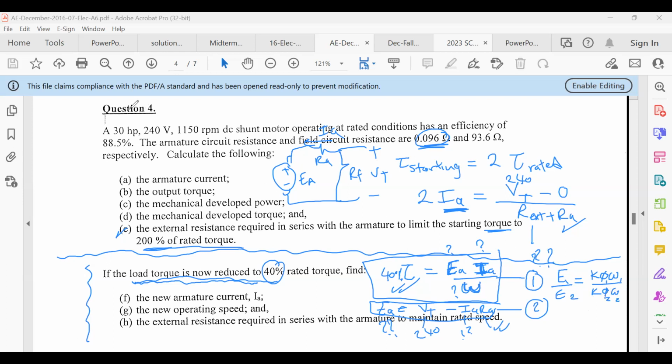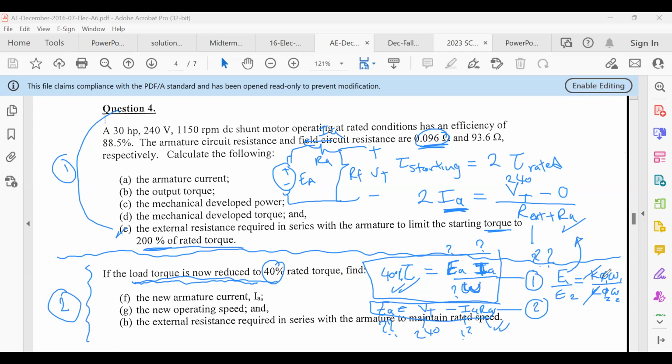The first case is our original. The second case is our new part. We already calculated EA from the first part. K is constant, so it's the same.